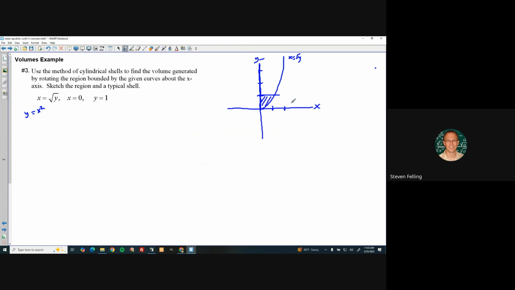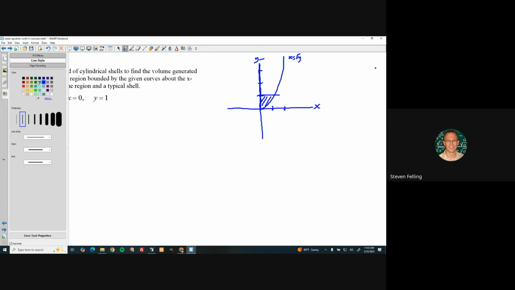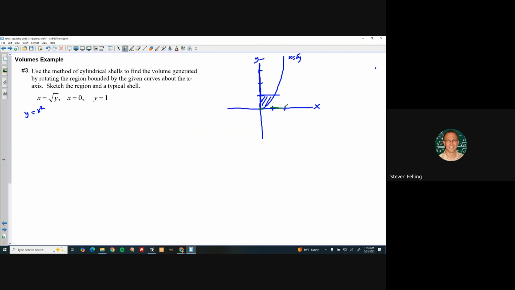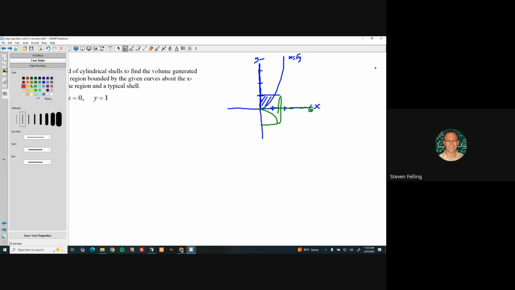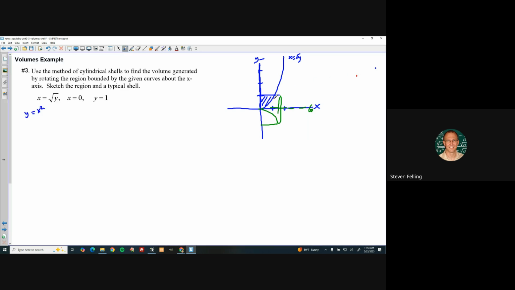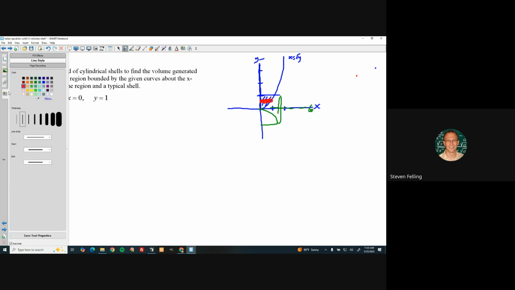All right, then we're rotating around the x-axis. So the x-axis is the axis of rotation. That means that I'll go ahead and draw this in. This is the shape. We're going to use shell method. That means that we're going to put a rectangle parallel to the axis of rotation starting from a coordinate axis. So that's going to go this way. It's completely filled in with material.